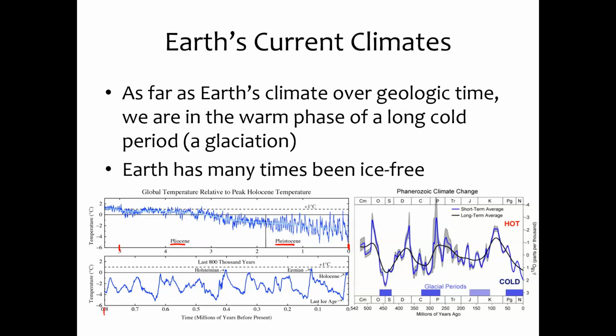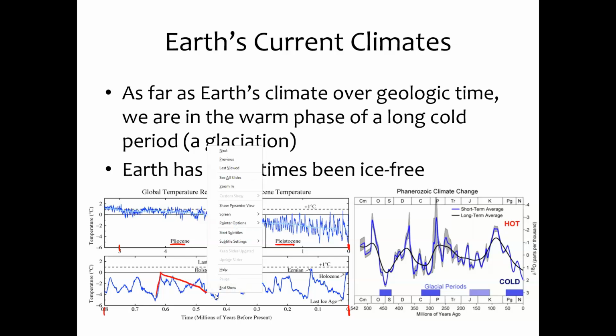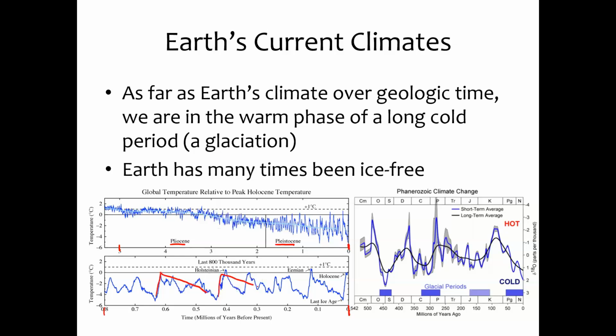This one is condensed and is only the last 800,000 years, allowing us to see some cyclicity to these climate cycles. Big cycles of up and down with some smaller zigzags intermediate. And then we can also back up and look over the past 550 million years on the big climate swings that have happened over Earth's entire history.